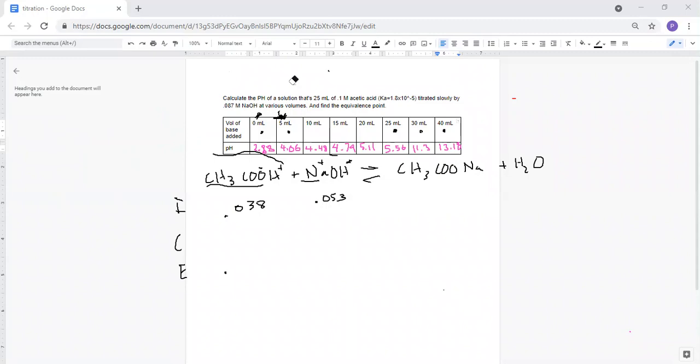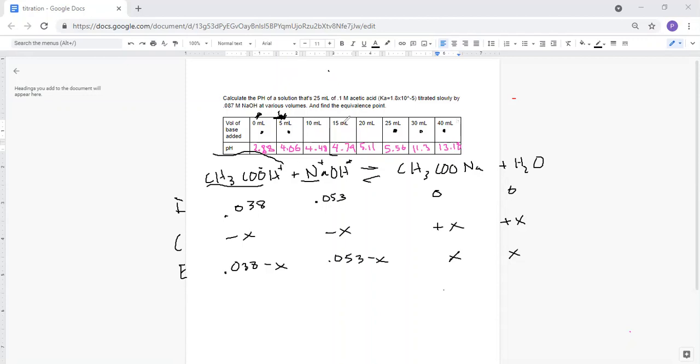So it gives the appearance that the base is more concentrated in the solution now. Here we go. We're going to lose reactants and gain products. We have 0.038 minus x and 0.053 minus x, and then we're going to gain x.